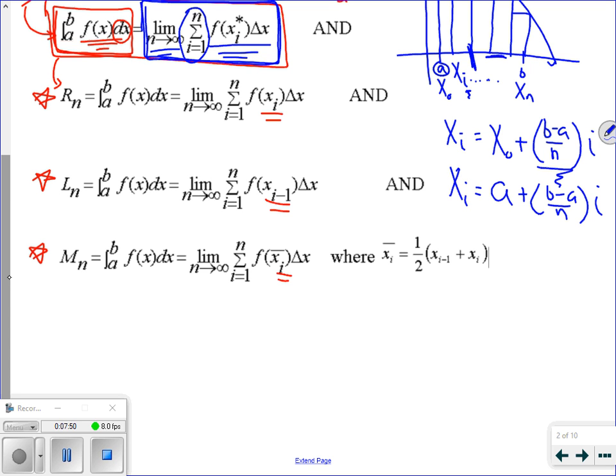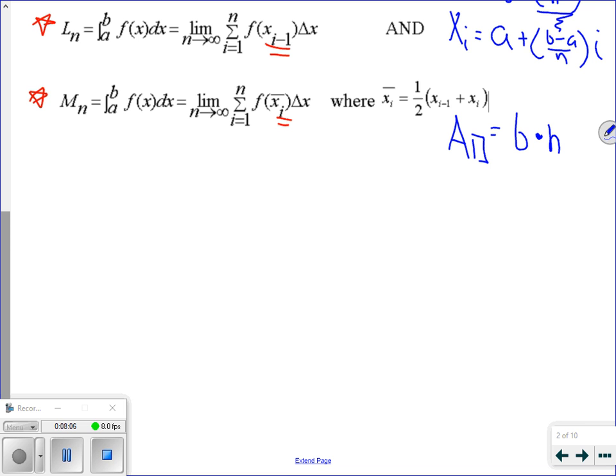Now remember how Riemann sum works. We're finding the area of those rectangles. I'll call that a subscript rectangle, maybe. And remember, that's just base times height. If I'm doing this area, remember that the base, how we write the base, is b minus a over n.